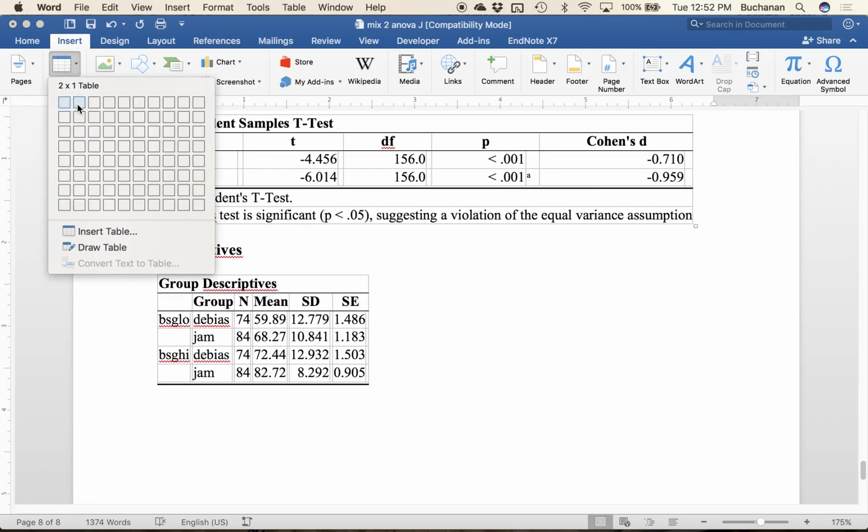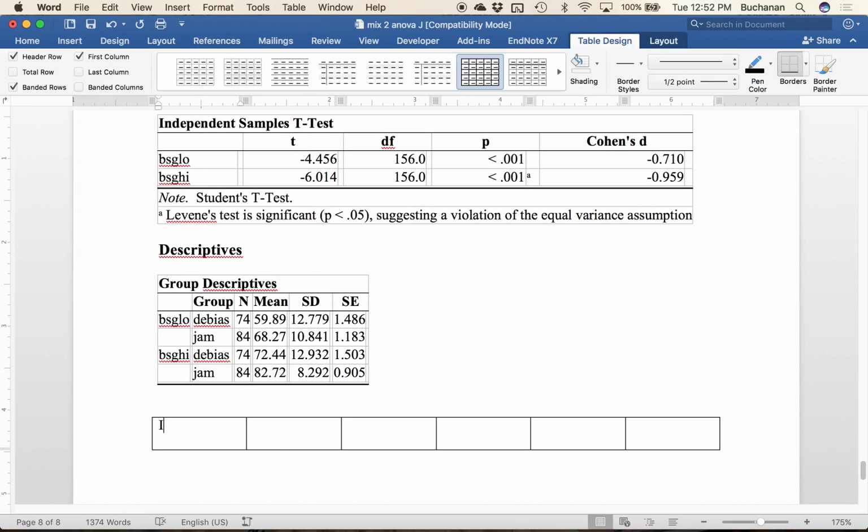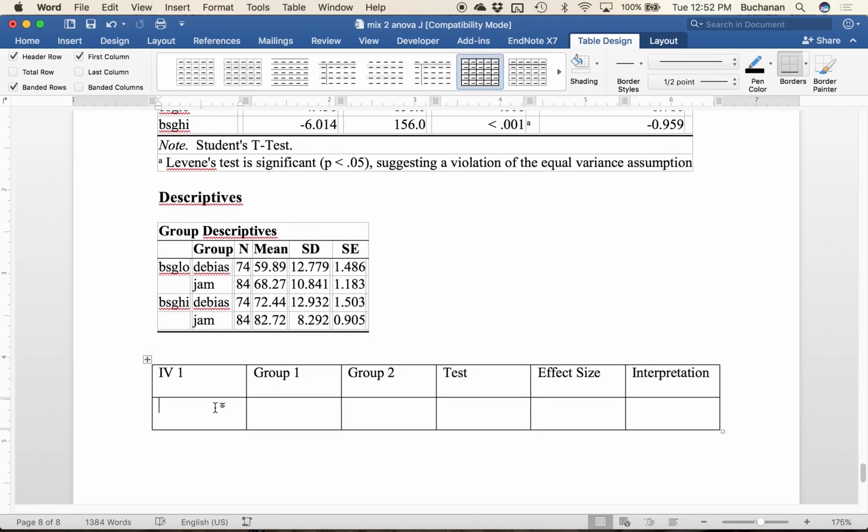I'm going to create my little table here. So IV1, Group 1, Group 2, test statistic, effect size, and interpretation. This is the IV that you're splitting on, so we're just going to call this IV1. For our first IV, it's BSG low that we're testing. Group 1, we can do this in either order, but I'll do it in the order of the table.